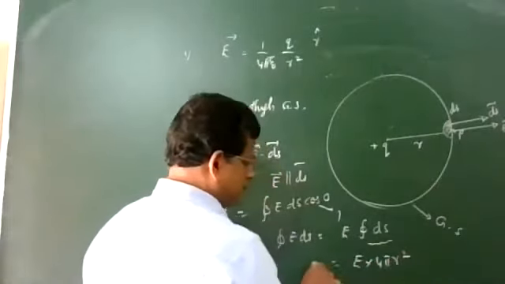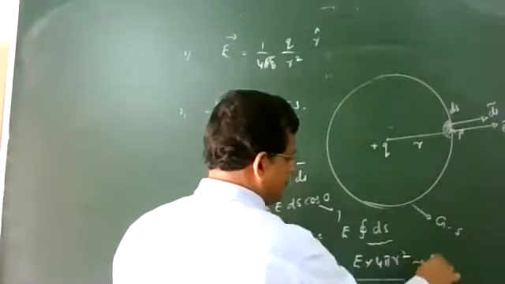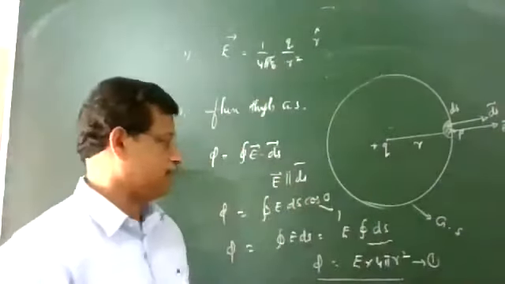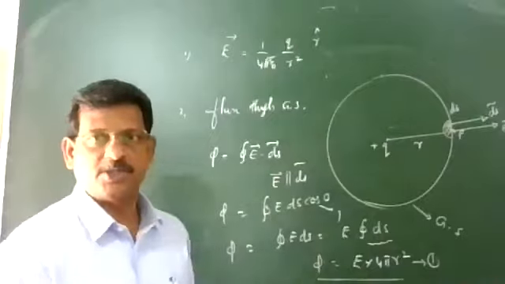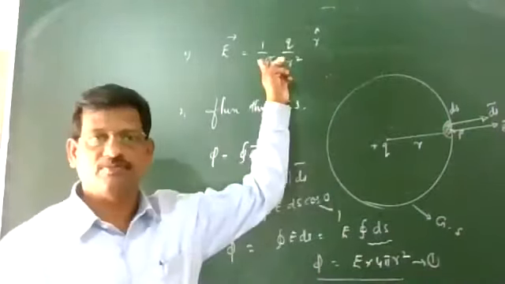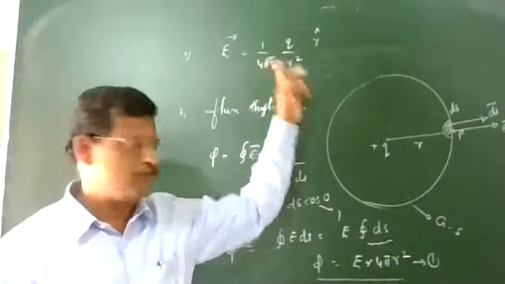Here how we can move to flux. Phi is equal to E into 4 pi r square. And then substitute the value of E from this equation, the value of electric field in this equation.